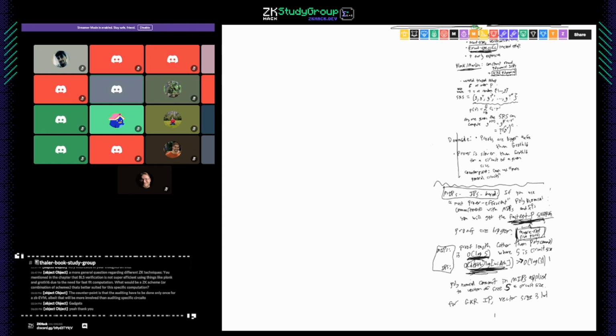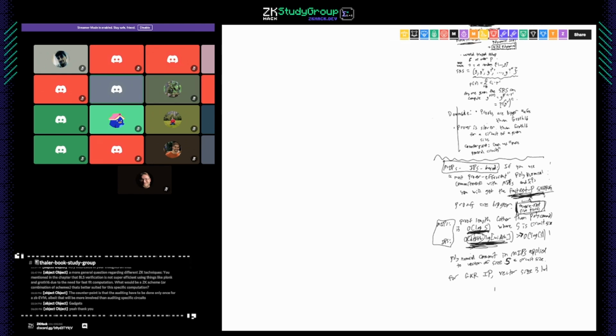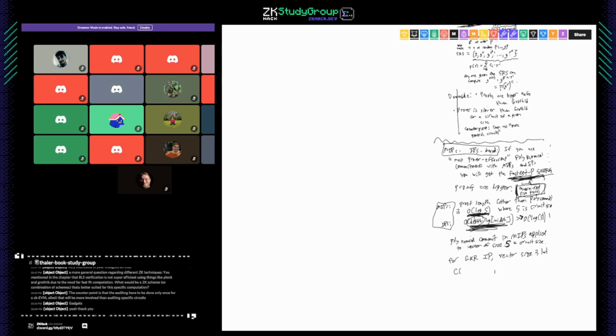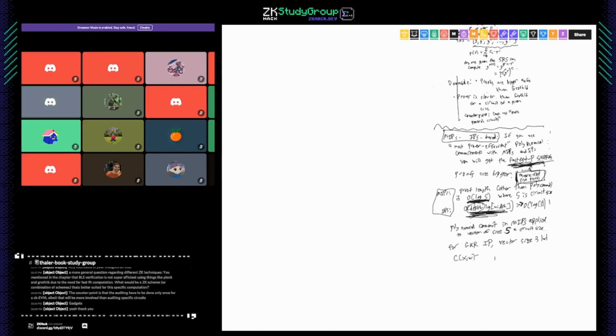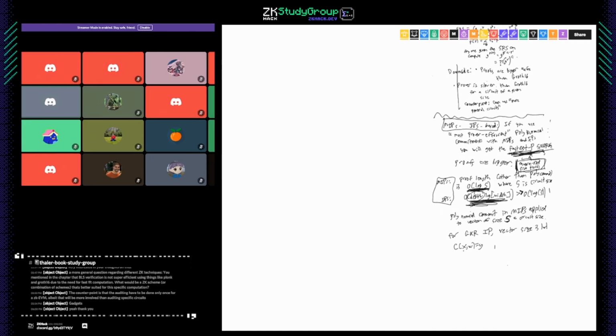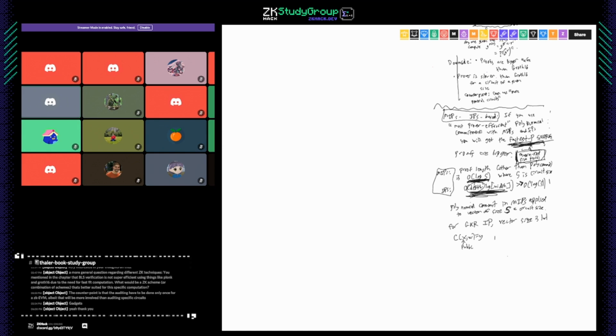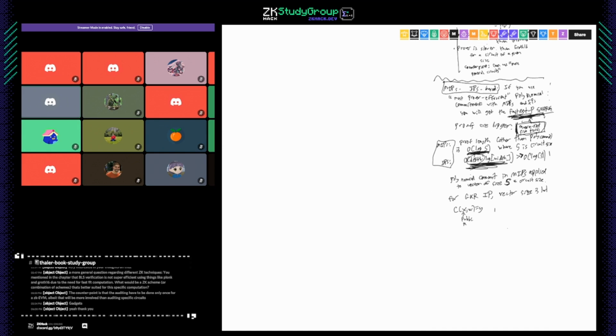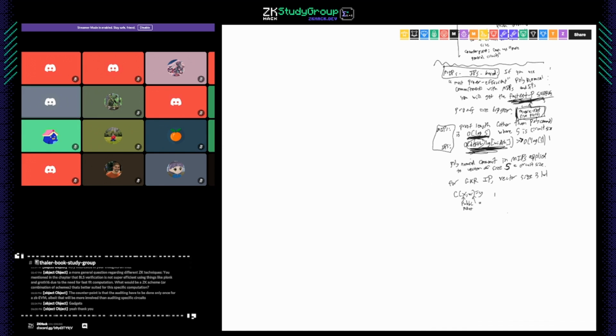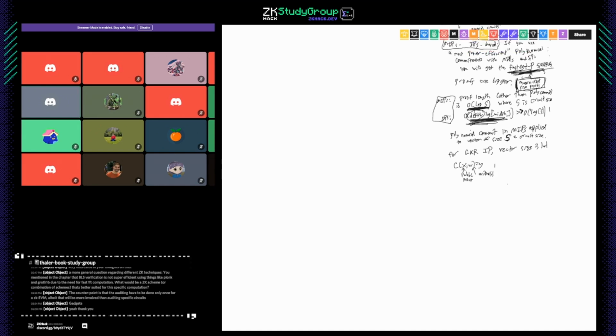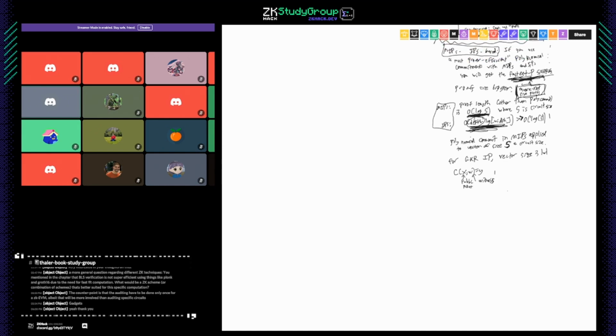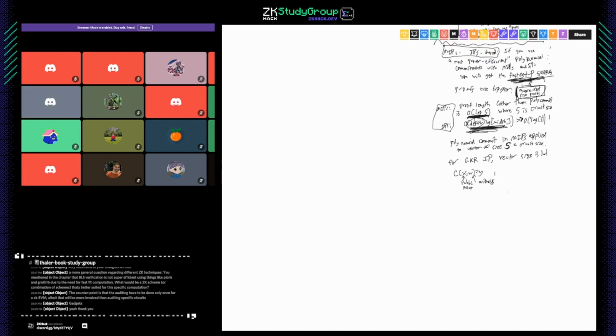By witness, I mean the claim is that C of X comma W equals Y, where X is the public input and W is, as we talked about last week, the witness to the circuit, which includes not only the prover's private input but also advice elements.